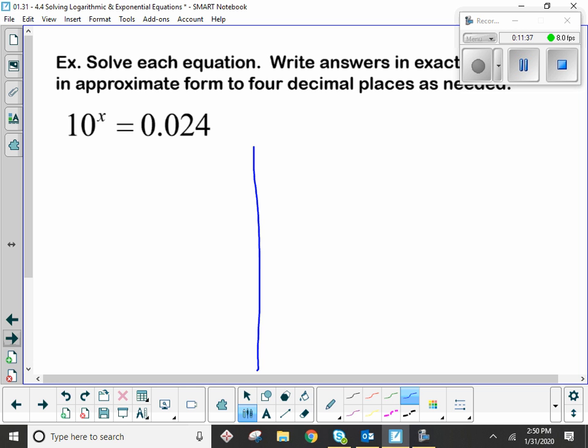How do we go from exponent to log? We lasso. So do your lasso, and I'll do my lasso. And we'll see if our lassos match. Did you get 10 to the 0.024 when you lassoed? And that's it, because x is already by itself. There you go. There's your exact form.